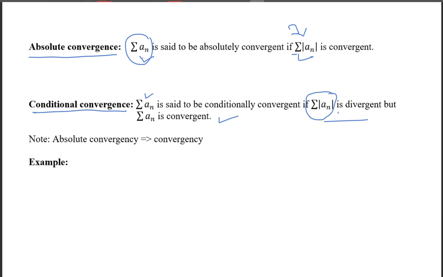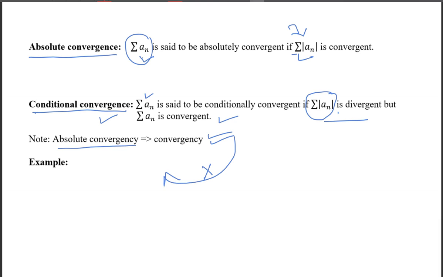In that case, it is said to be conditionally convergent. Note down one thing: absolute convergence always implies convergence. But the reverse does not hold: convergence does not always imply absolute convergence.